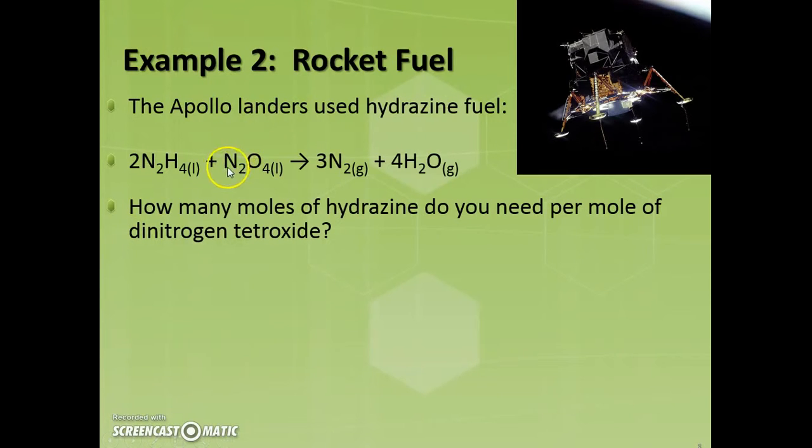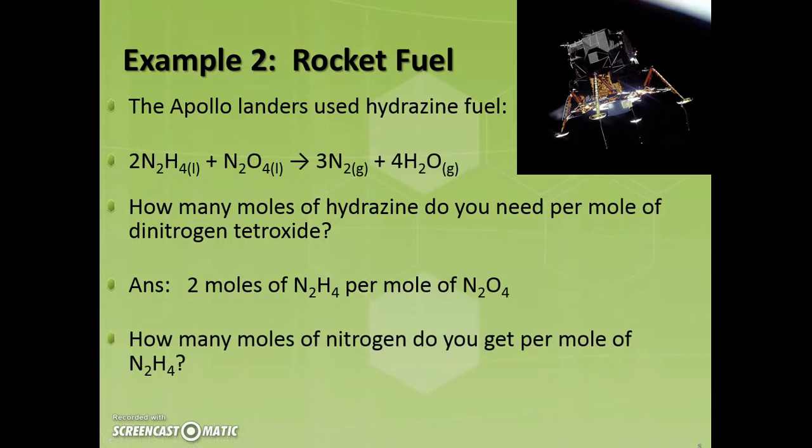Well, we can see that the 1 is implied here. So we can say for every 1 mole of dinitrogen tetroxide, we need 2 moles of hydrazine. 2 moles of hydrazine per mole of dinitrogen tetroxide. Okay, now let's think in terms of products. How many moles of nitrogen do you get per mole of hydrazine?